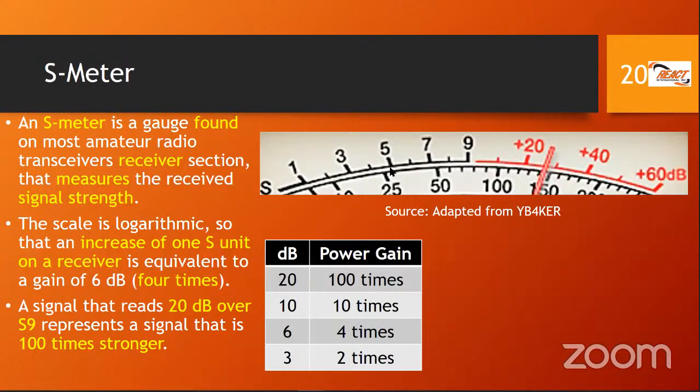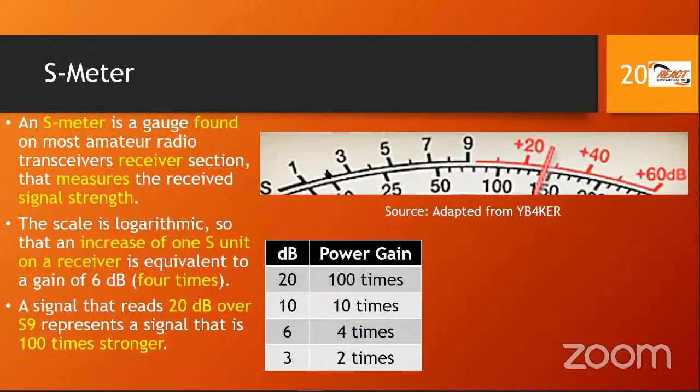Very, very large. Going from 1 to 2 or 2 to 3, that's relatively small. So that's what we mean by a logarithmic scale. The numbers are not linear. 1 to 2 is not the same as 5 to 6. 5 to 6 is several orders of magnitude larger than going from 1 to 2 because it's logarithmic.